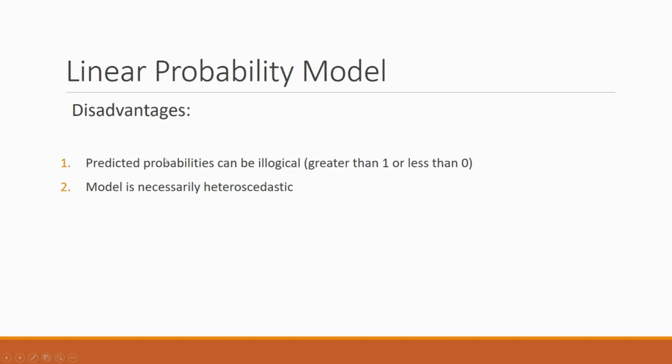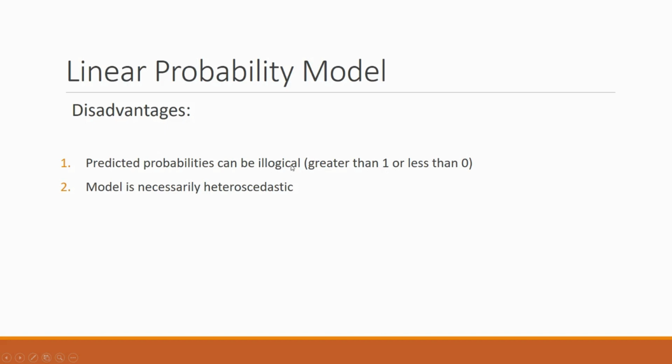Basically, if we were to generate predicted probabilities using our results from a linear probability model, those probabilities would have the potential to be greater than 1 or less than 0. And probabilities cannot be greater than 1 or less than 0.